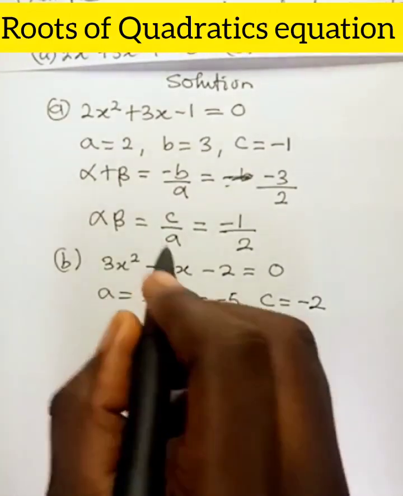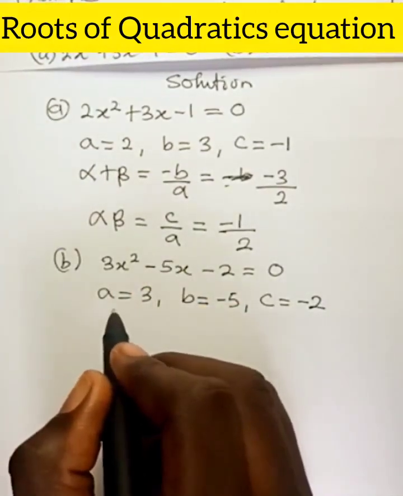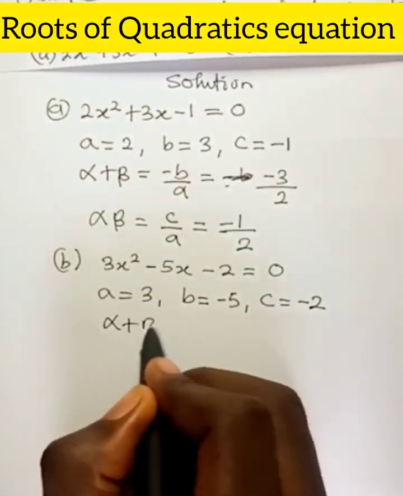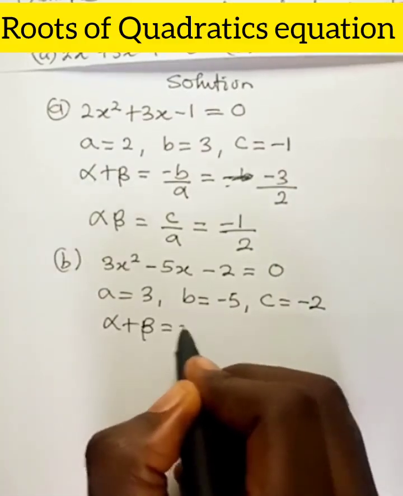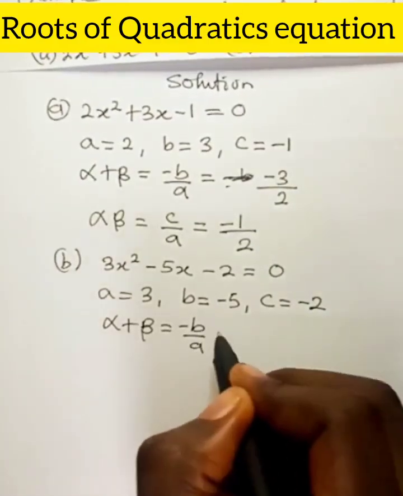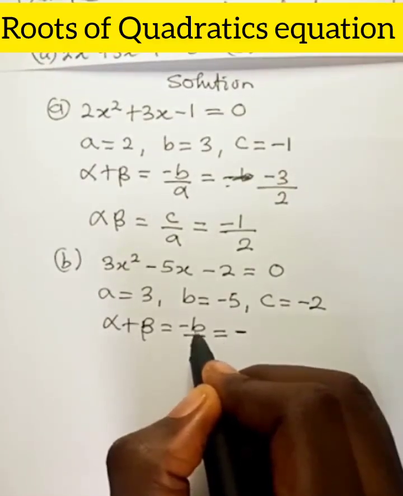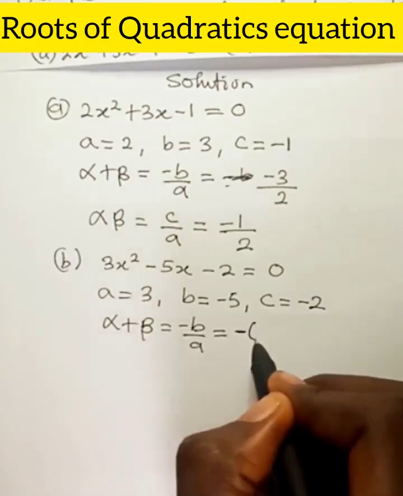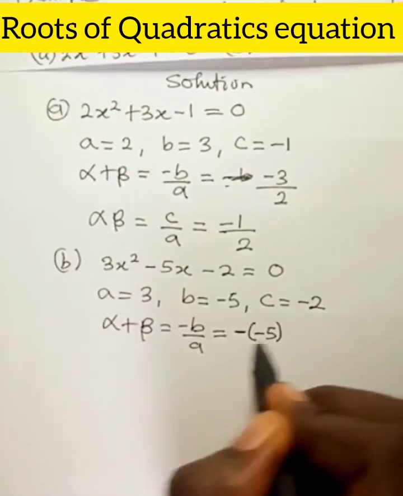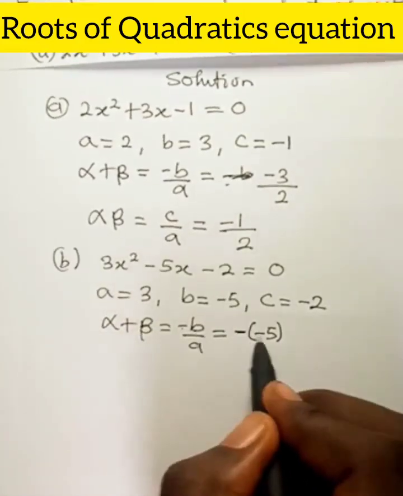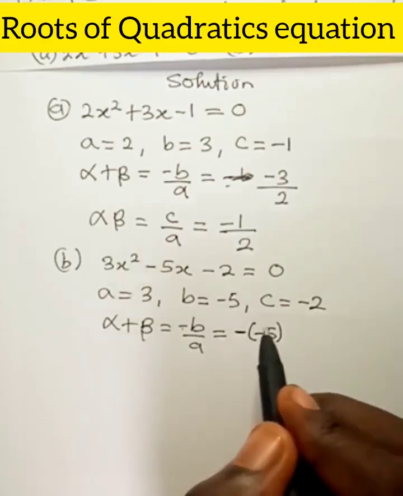Then what is the sum of roots? Alpha plus beta is equal to -b over a. I'll keep this negative sign. b is -5. If you don't keep this negative sign first and you just substitute -5, you have a wrong answer.